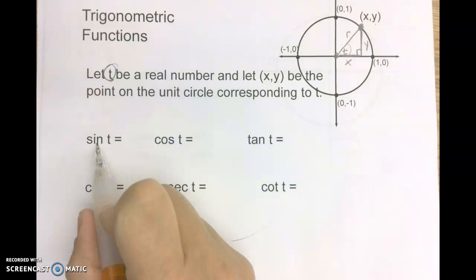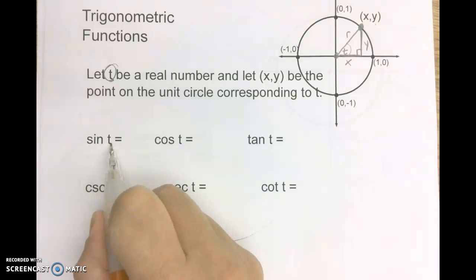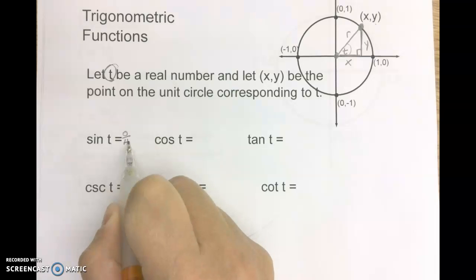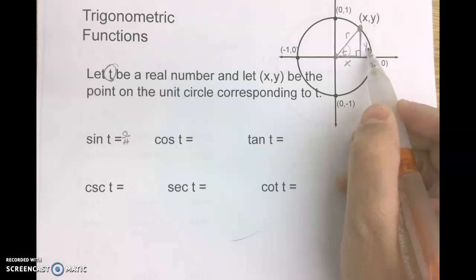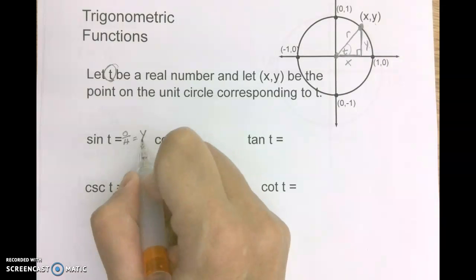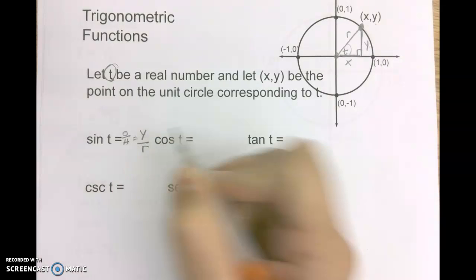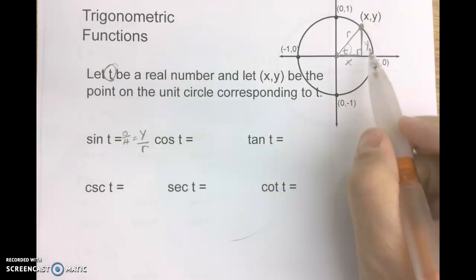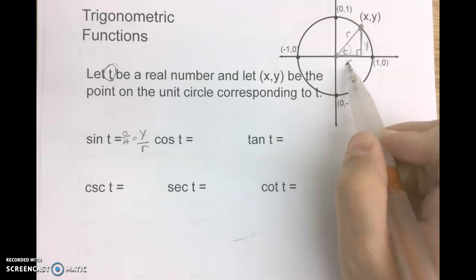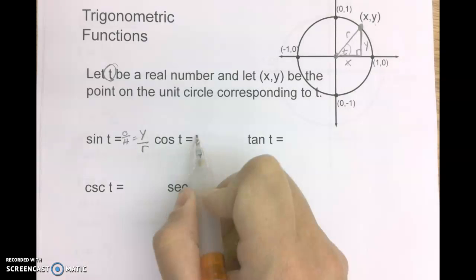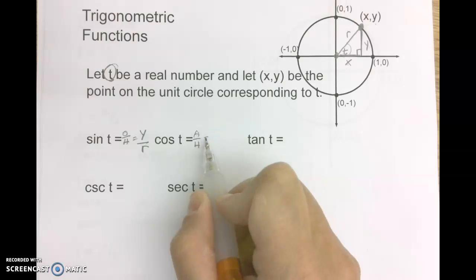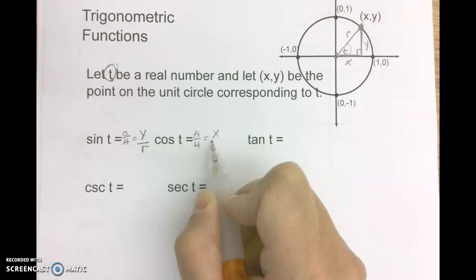For the sine of angle t, I go opposite over hypotenuse, which would be y over r. The cosine of t is adjacent over hypotenuse, which is going to be x over r.